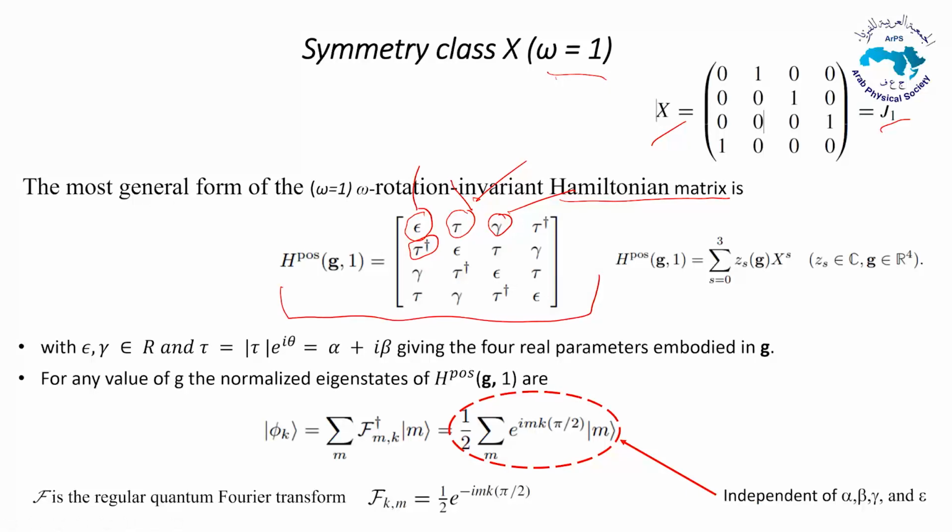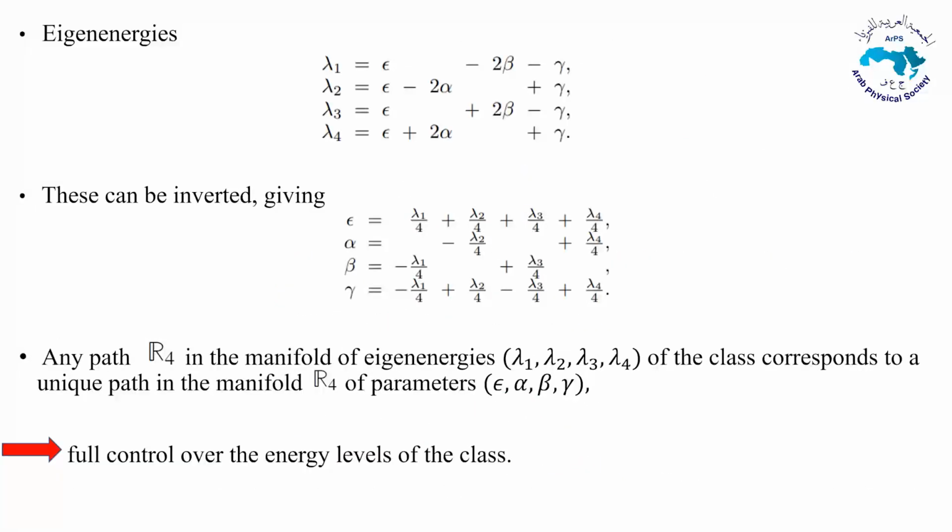That means these eigenstates are the same for every Hamiltonian in symmetry class X. What is changing then is the energy. You can see that the eigenenergy is directly, linearly connected to all the parameters of the system, mainly the energy and the coupling parameters. And it can be inverted.